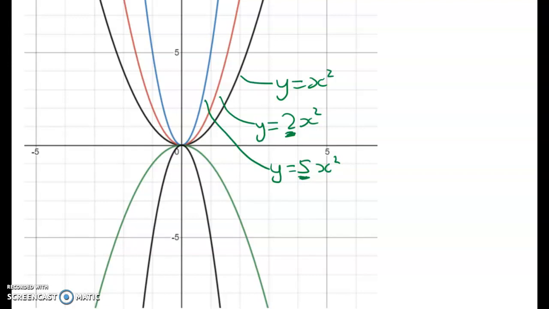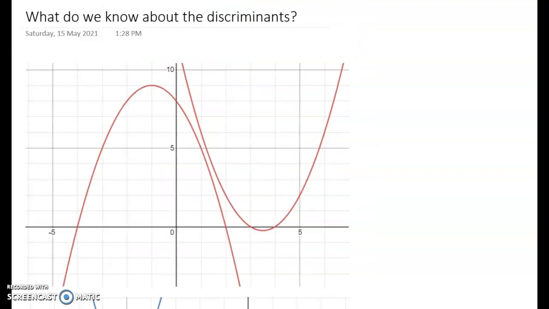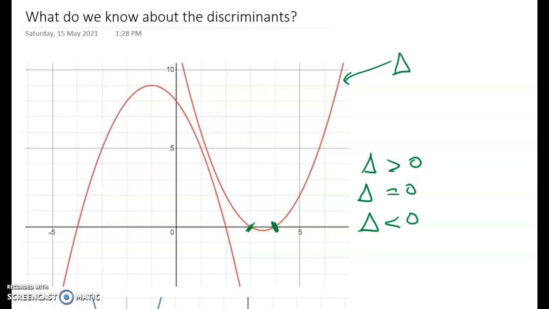Right, so here we go with some discriminant work. I've got two graphs on here. What can I say about the discriminant here? Well, all we want to look at really is: is it positive, is it 0, or is it negative? For this graph here, we can see that the curve cuts the x-axis twice, so the discriminant is positive.